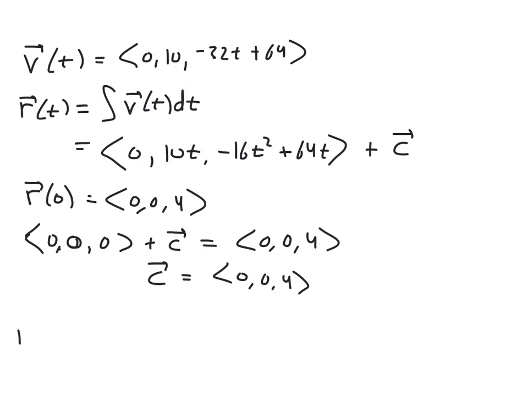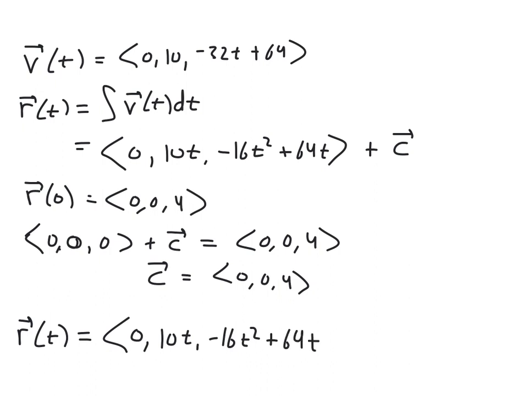And so our position vector r of t is given by components 0, 10t, negative 16t squared plus 64t. And then we have to add on this vector c, 0, 0, 4. And so it doesn't change anything in the first two coordinates.